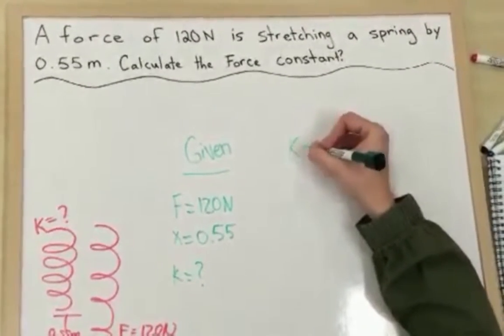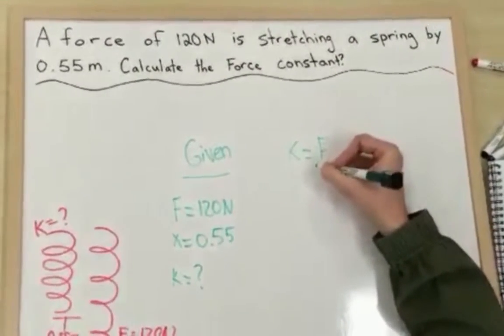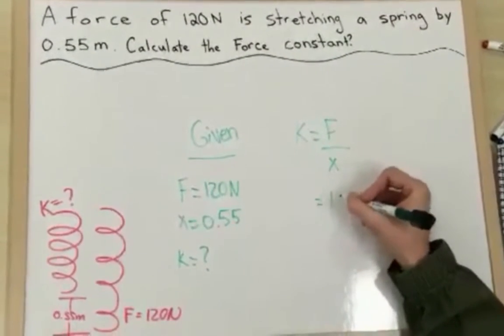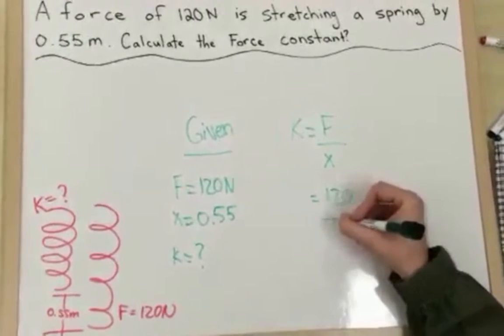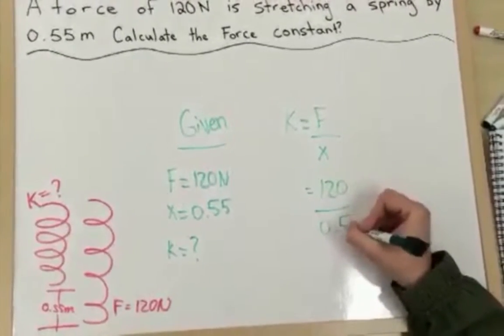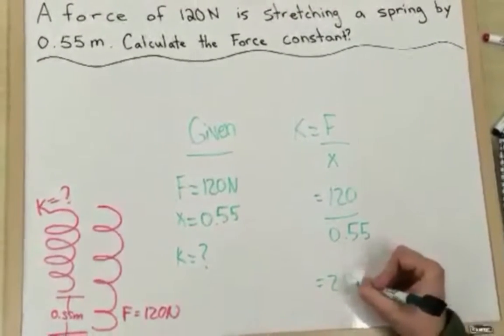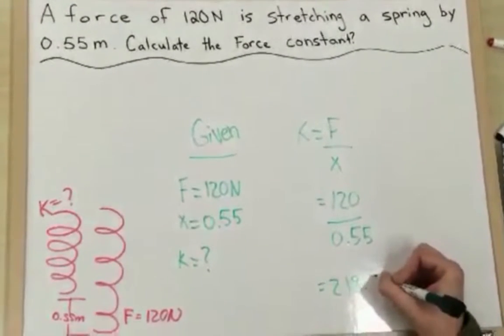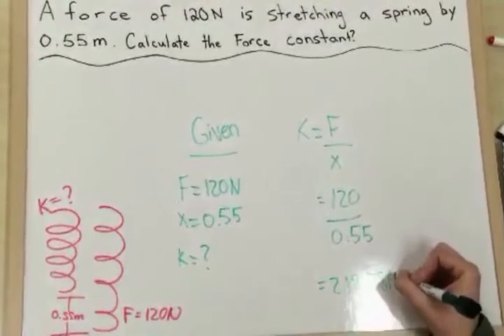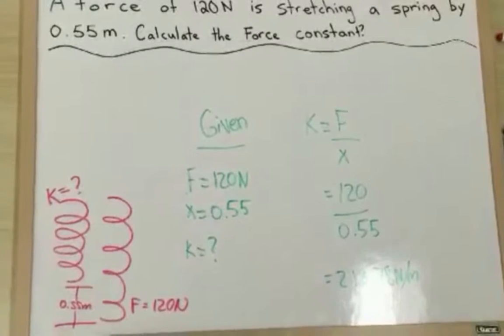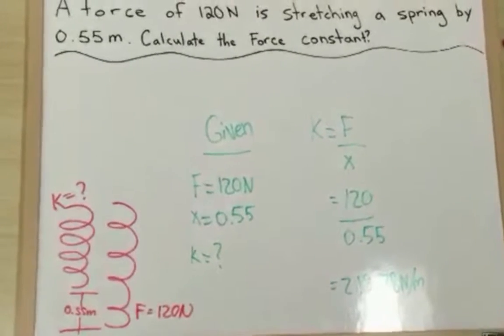So you do k equals F over x, which then equals 120 over 0.55, which then gives us 218.78. So the force constant is 218.78 newtons per meter.